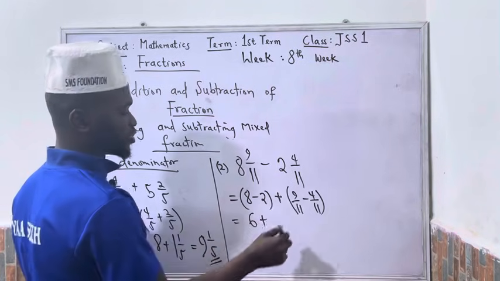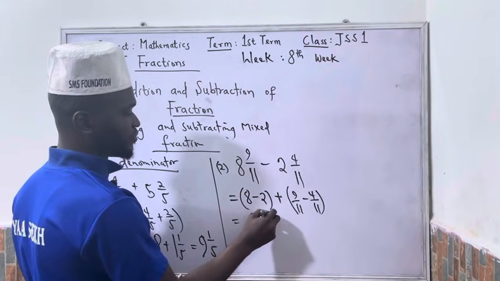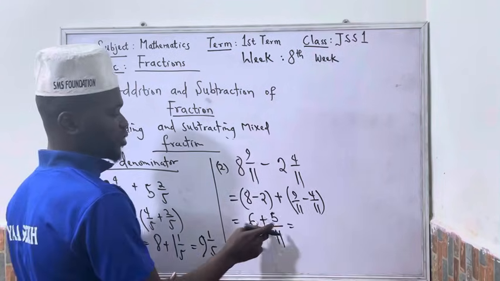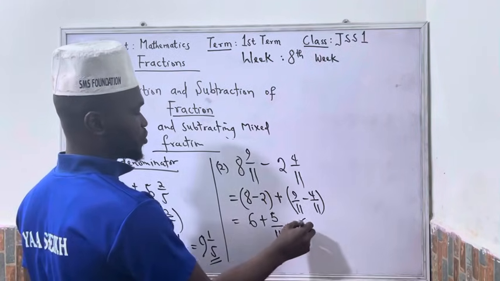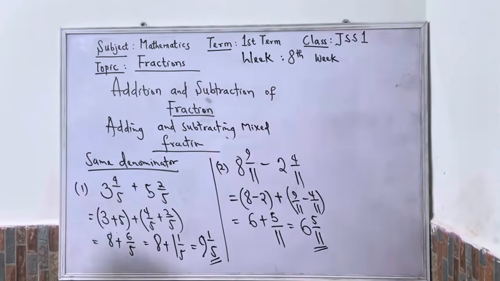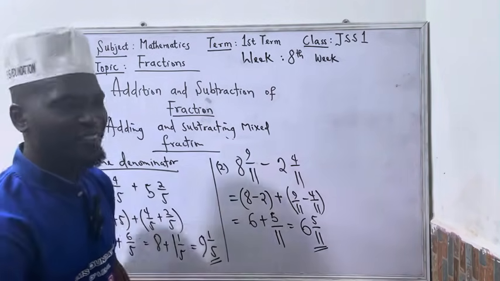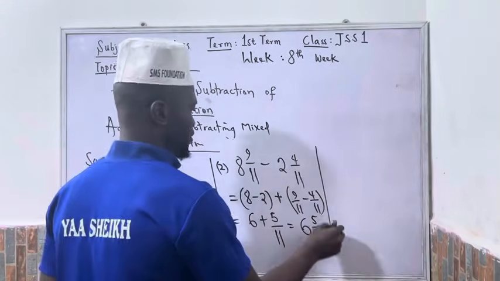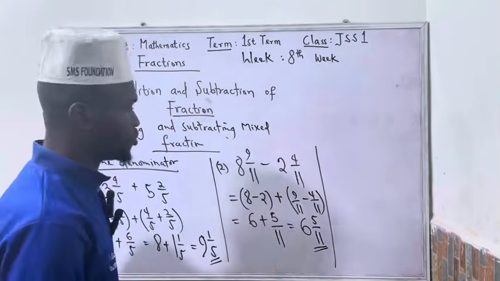Plus 9 minus 4, that is 5 over 11. So 6 plus 5 over 11, that's 6 whole number, 5 over 11. You can see how easy this can be. Very, very easy.